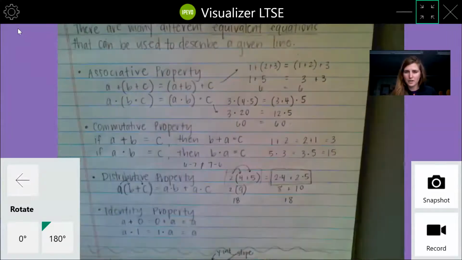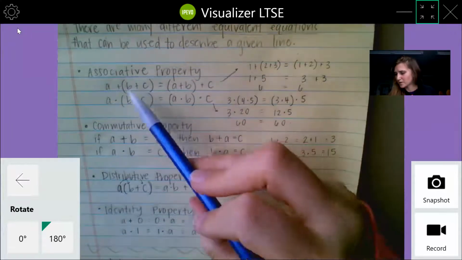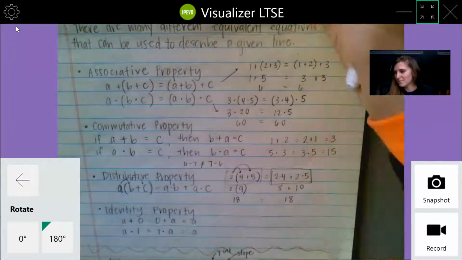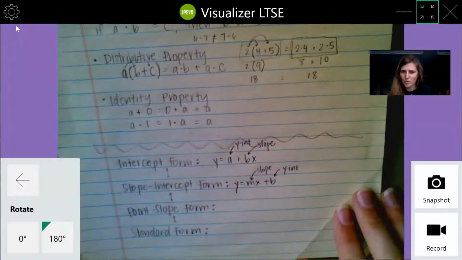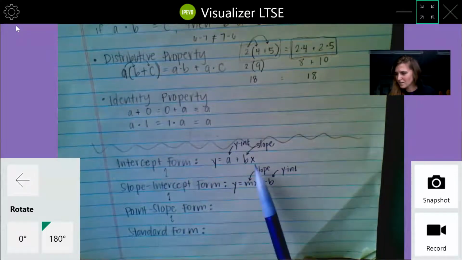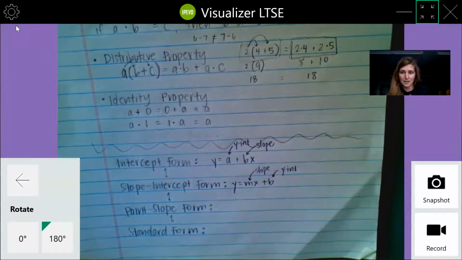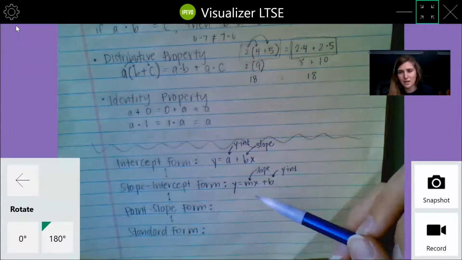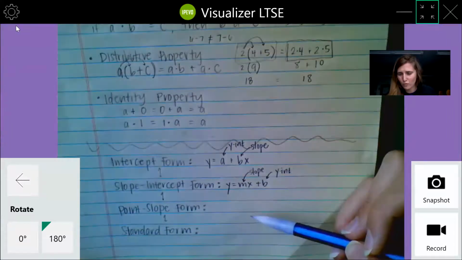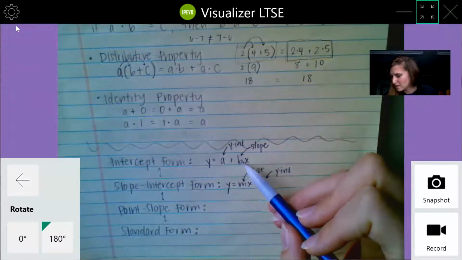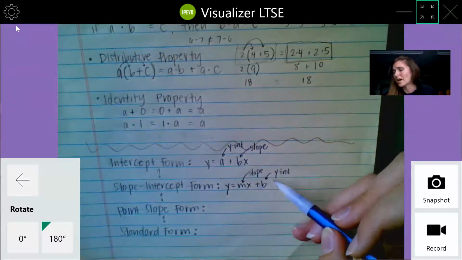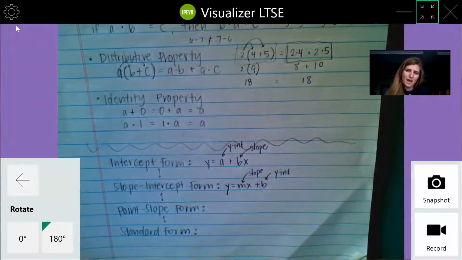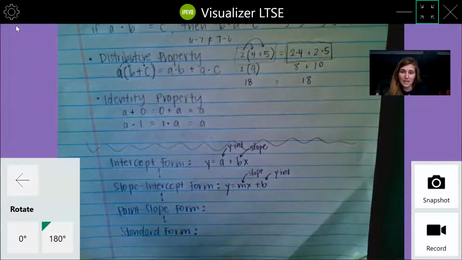So just like up here, how I used different numbers in place of a, b, and c, down here, when we look at these letters, they could mean anything in the world. That can be a little bit confusing when looking at these different forms, how in this one b is the slope and in this one b is the y-intercept. So I just want you to know that these variables can stand in for any number.